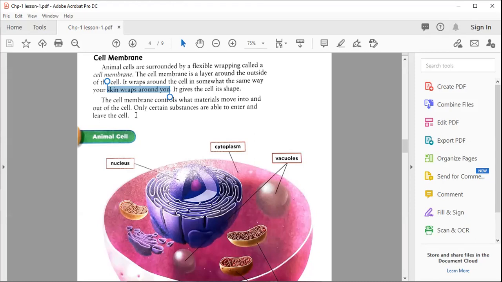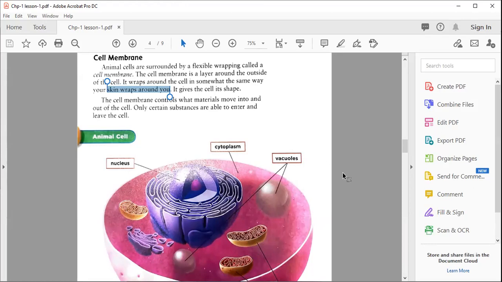There is only one gate. If someone wants to enter your home, they should enter from that gate, and you open and close it. Same in the cell, the membrane works like a door, like a main gate.